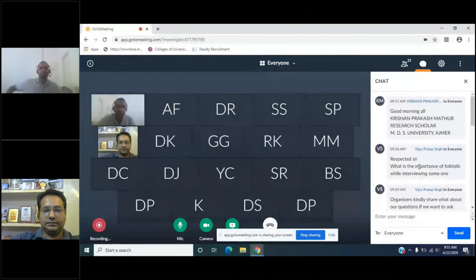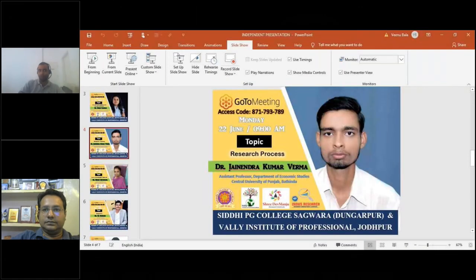See, folk tales. When we go for qualitative research, folk tales can give insight which can be helpful in our analysis. When we go for qualitative research, we are always open to data inputs from the respondent side.